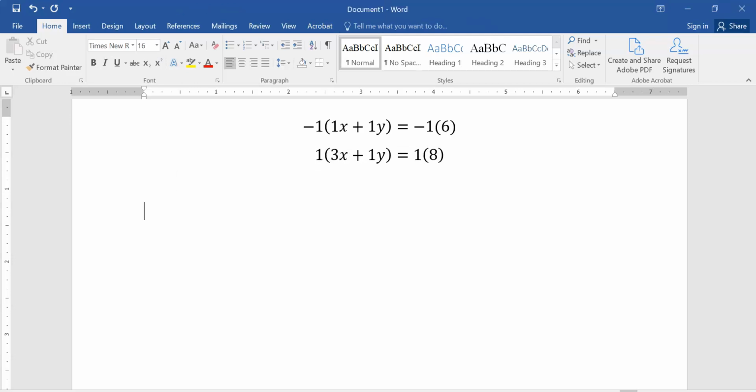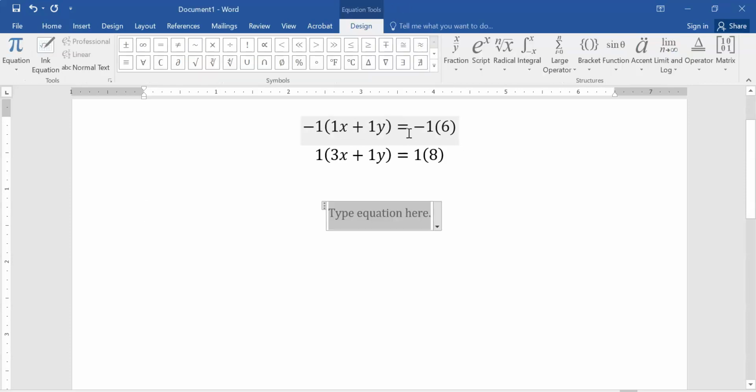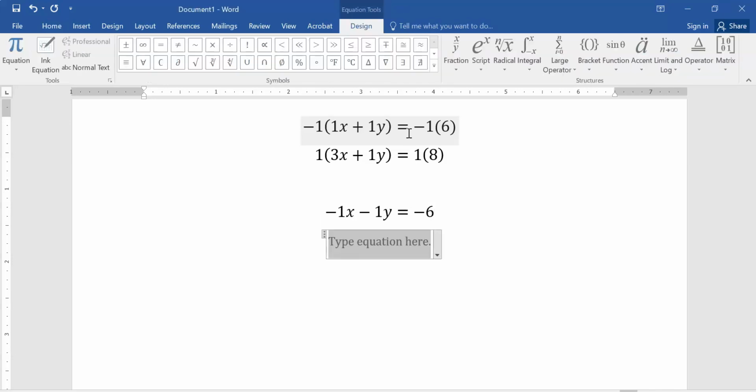Okay, so there we go. My first equation turns into negative 1x minus 1y is equal to negative 6. My second equation turns into 3x plus 1y equals 8.